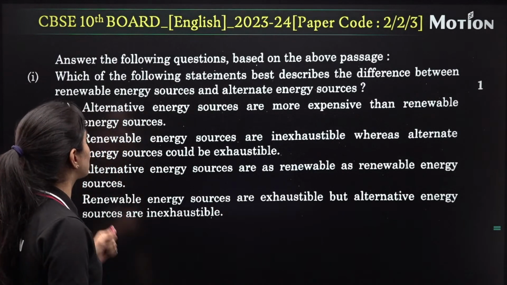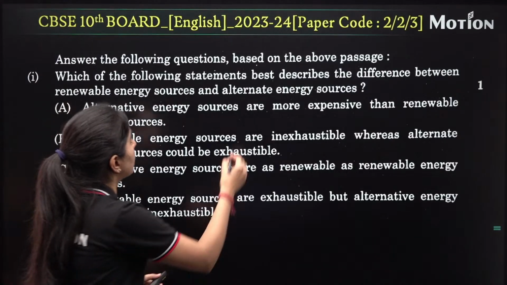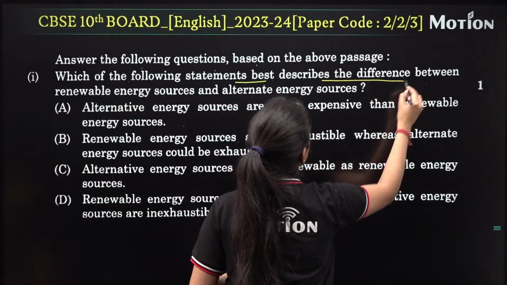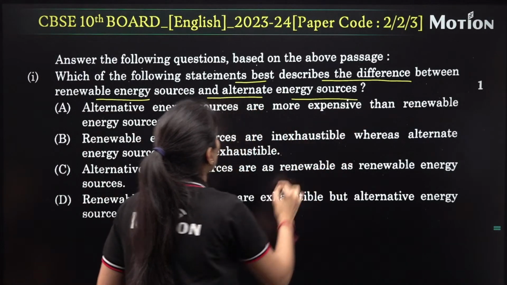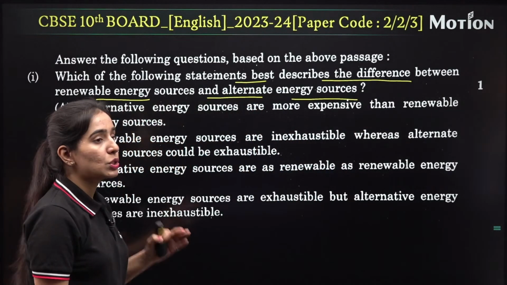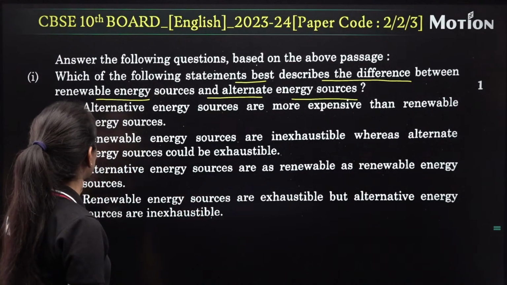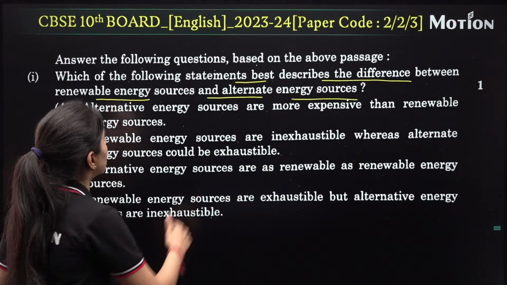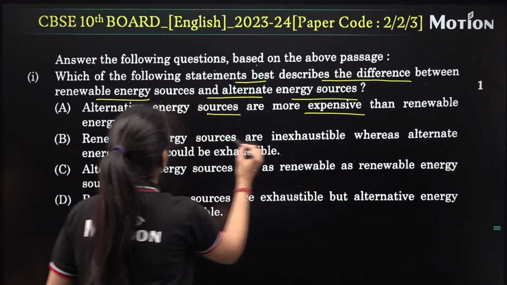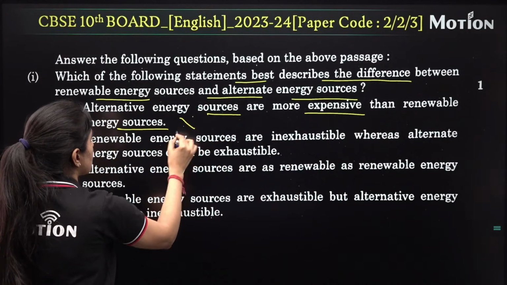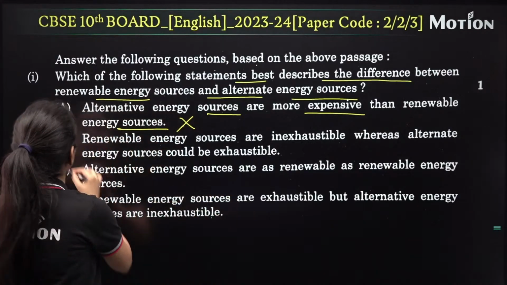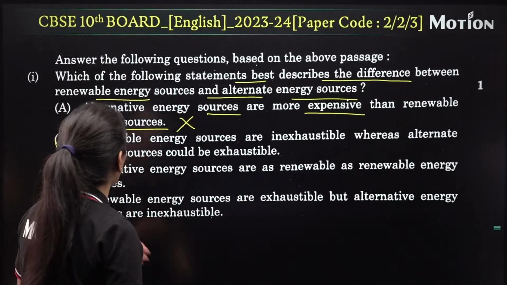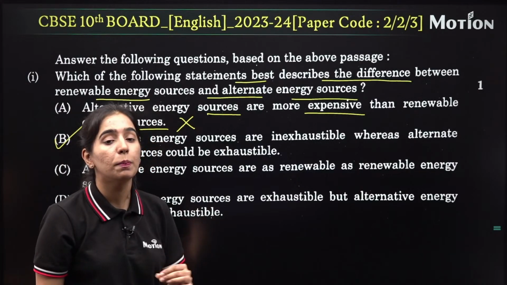The first question that we have is, which of the following statements best describes the difference between renewable energy sources and alternate energy sources? The options are on your screen. Option A: alternative energy sources are more expensive than renewable energy sources. No, this is not the answer. Option B: renewable energy sources are inexhaustible, whereas alternate energy sources could be exhaustible.